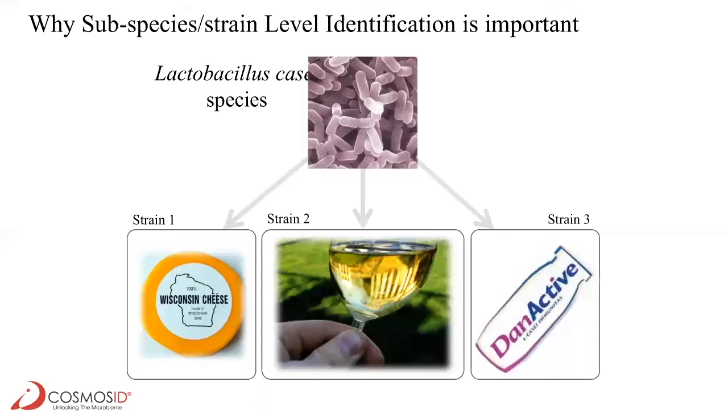Here you can see a classical example of Lactobacillus casei, where one strain can be used to produce cheddar cheese, whereas another strain of the same species is used for Chardonnay. On the other hand, another strain has been used as an immunostimulant, which is a component of the DanActive.